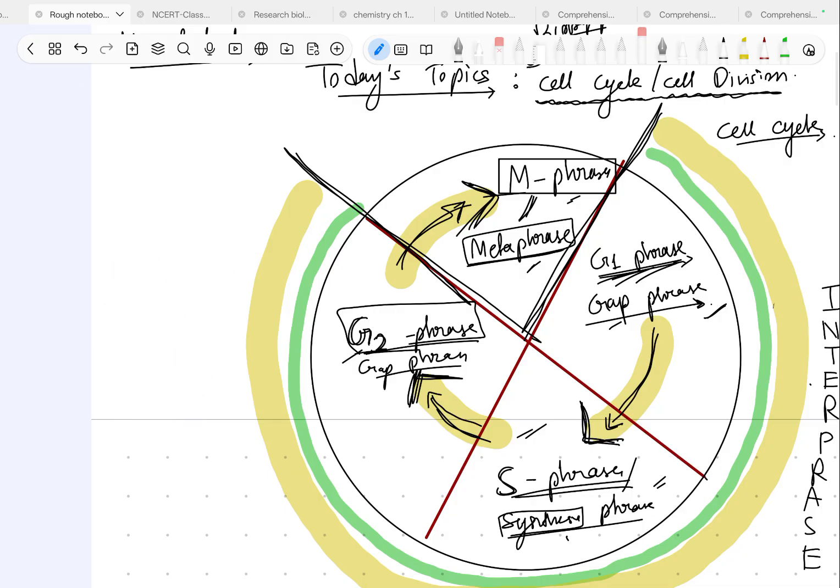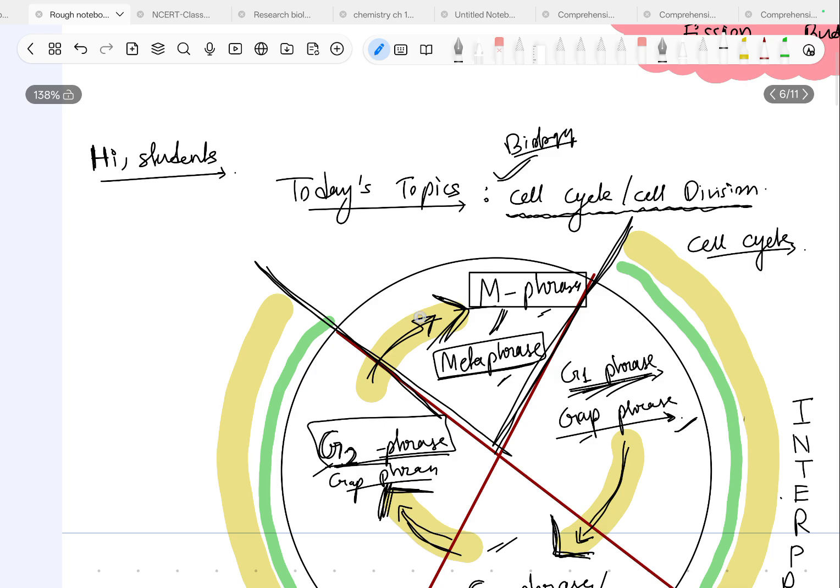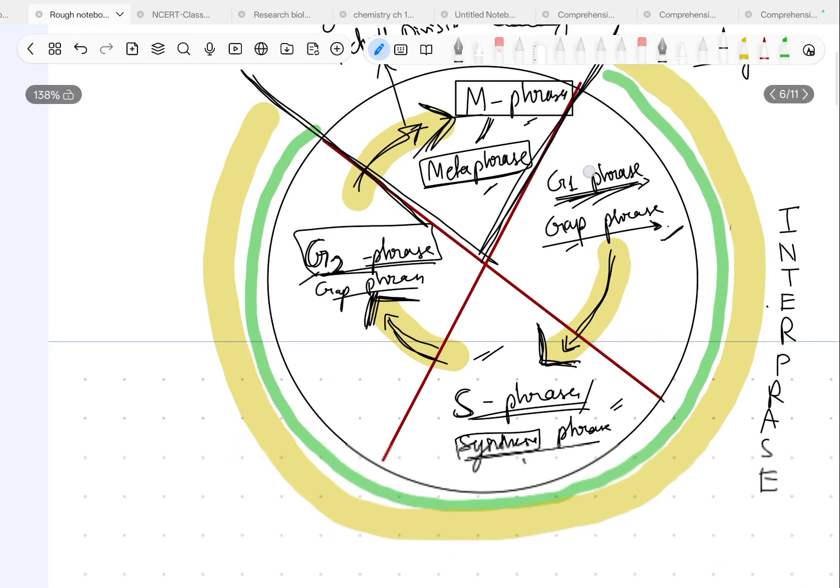After that, actual division occurs in the M phase. The spelling is wrong, let me write it again. Actual division occurs.